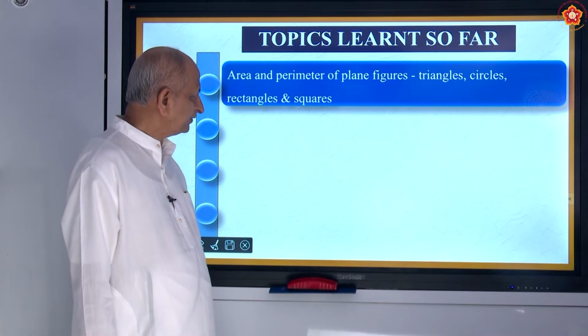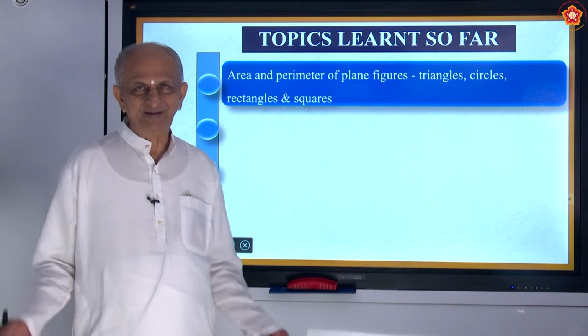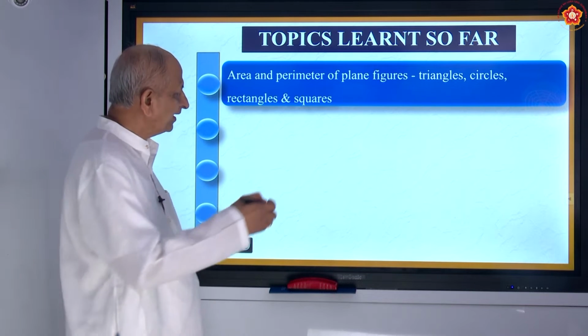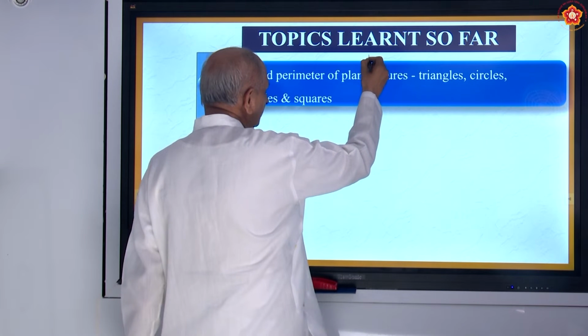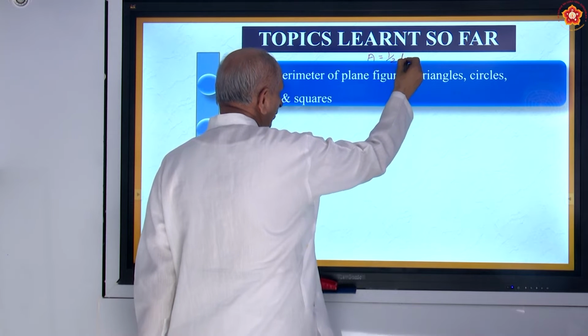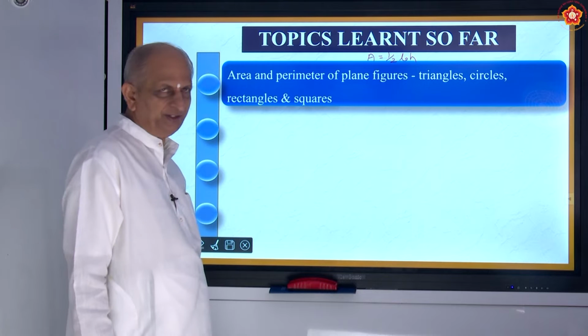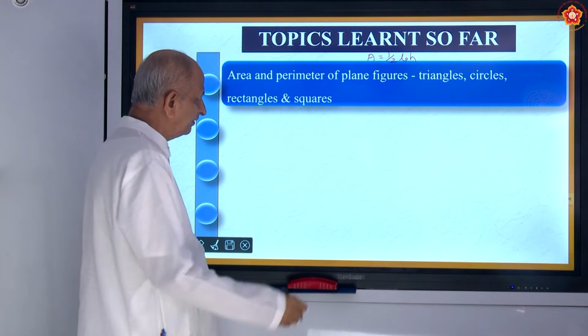And what are the areas we have studied? We studied the area of triangle. Come on, what is the formula for area of triangle? A is equal to half BH. What is B? B is base, H is height, A is area.